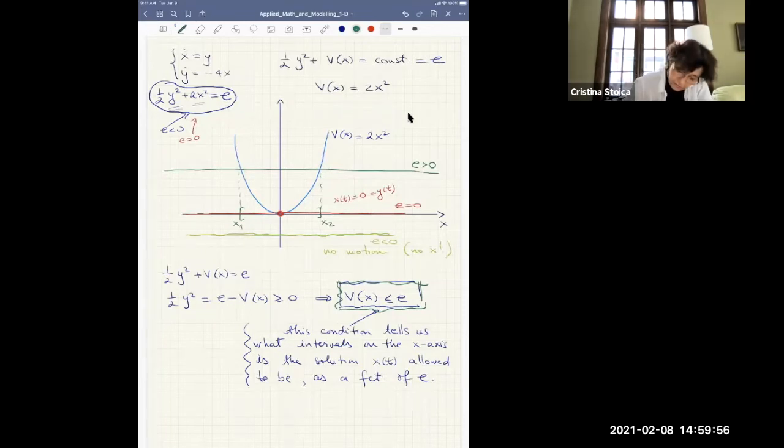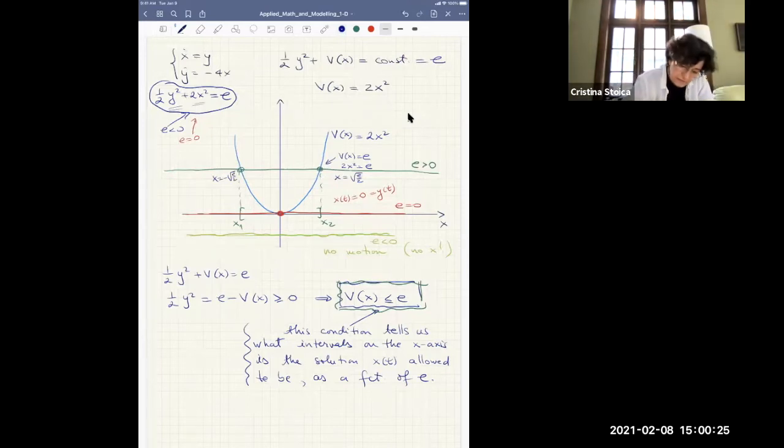What are these x1 and x2? Oh, they are exactly the x's where these guys meet, right? So it's exactly where v of x equals e, right? That e. So it's exactly where 2x squared equals e. So it's exactly where x is root of e over 2 here. And this guy here will be x is minus root e over 2.